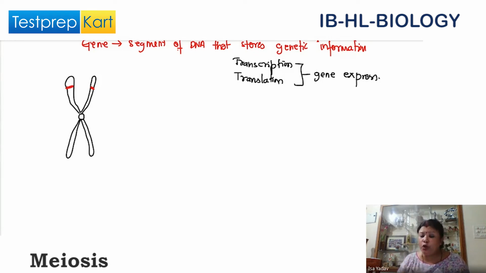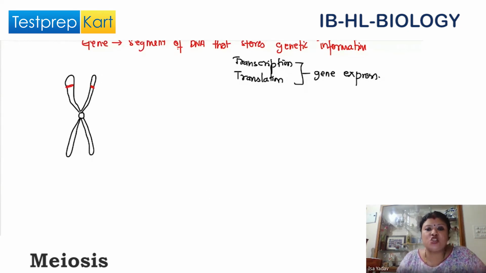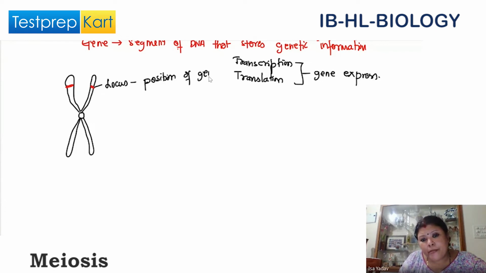If I am looking into a gene for skin color, I should look into that place only. I cannot look anywhere else because gene for skin color has this specific position. And this position of gene is called as locus. This is the position of gene on chromosome.